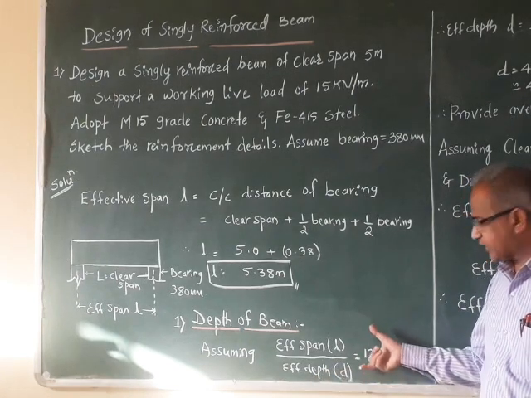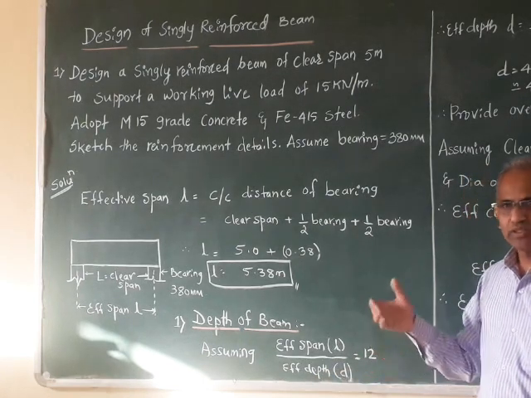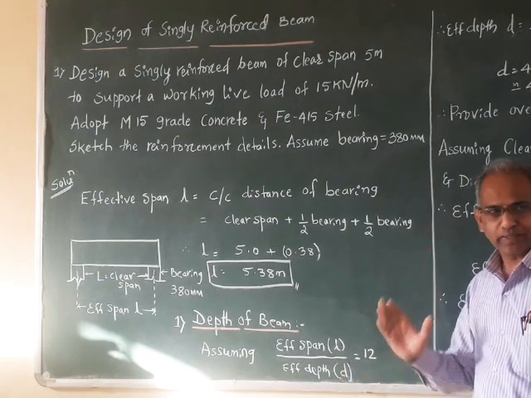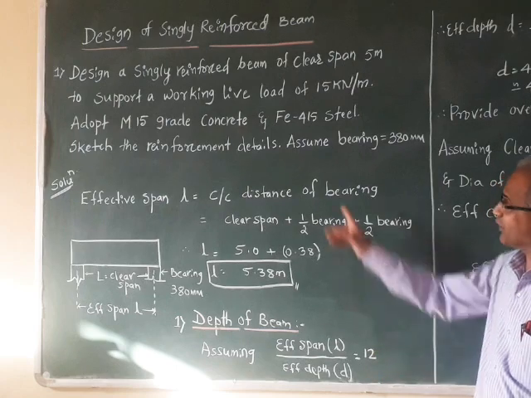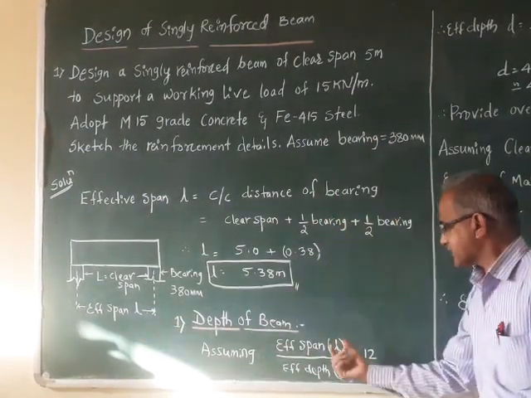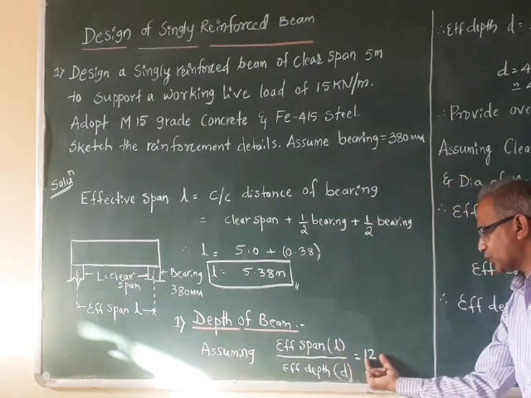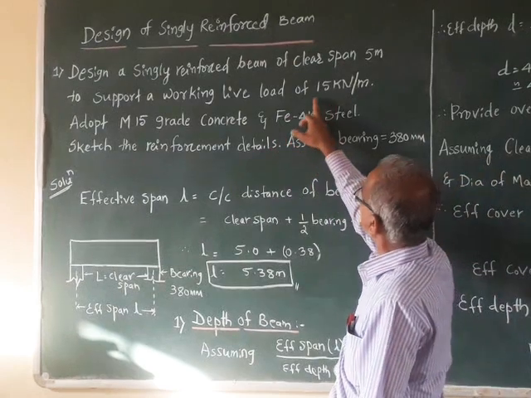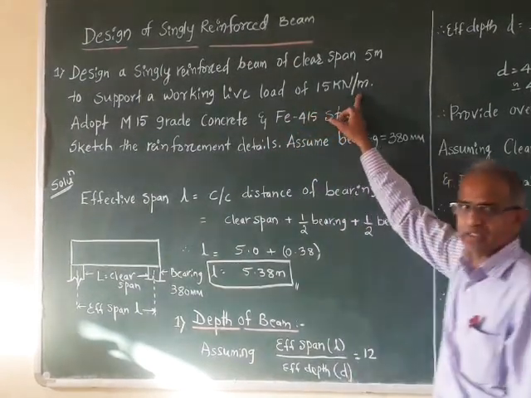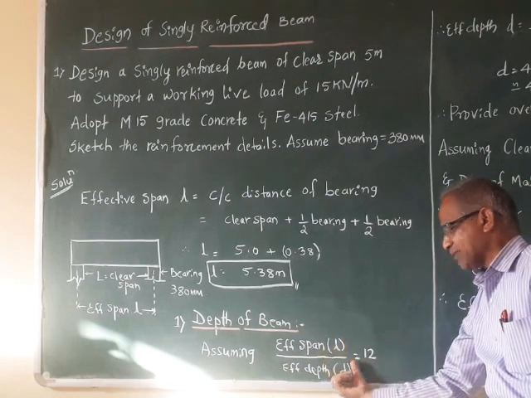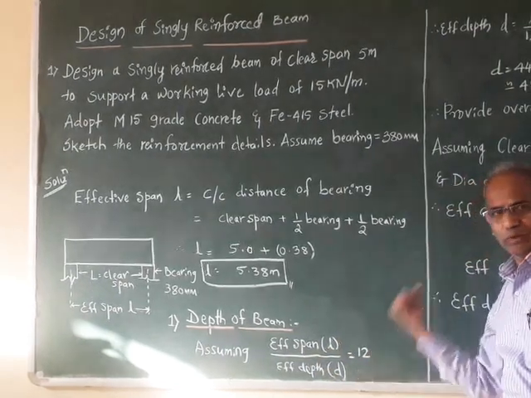Since it is a simply supported beam, the L by D ratio we can assume maximum 20. Depending upon the effective span, let us consider L by D ratio equal to 12. Since this load is 15 kilonewton per meter, we can assume 12 to 15. So let us assume L by D ratio is equal to 12.